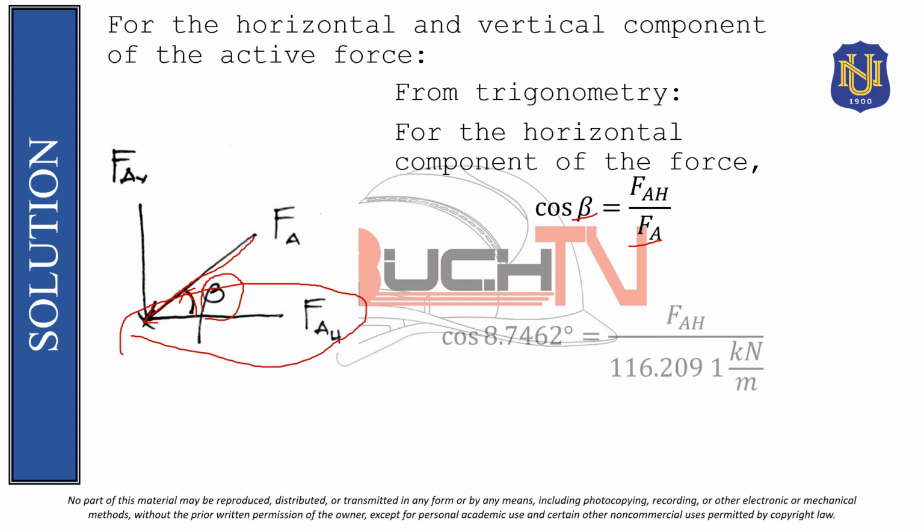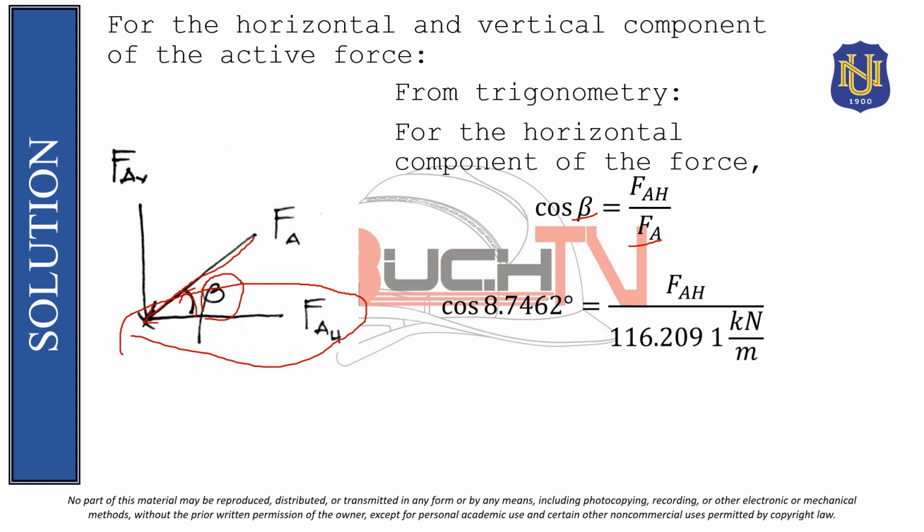So substituting those values, we will have cosine of 8.7462 degrees is equivalent to F sub AH divided by 116.2091 kilonewton per meter. Then cross-multiplying, we will have F sub AH is equal to 116.2091 kilonewton per meter multiplied by cosine of 8.7462 degrees.